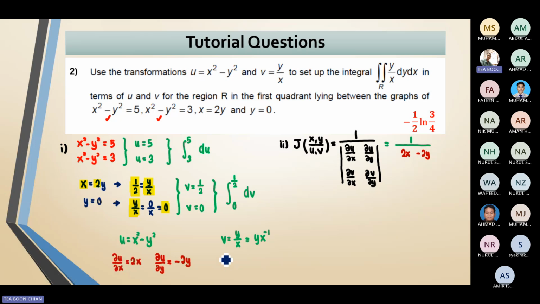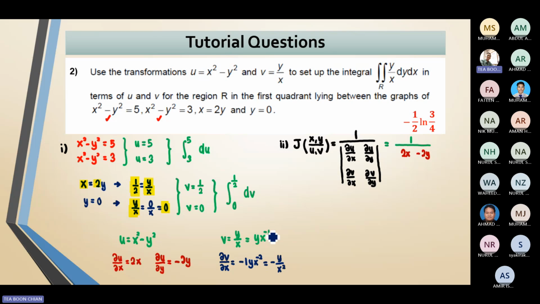So here, if you partially differentiate v with respect to x, x power -1 differentiates to -1 y x power -2. If you rewrite it again, it becomes -y over x squared.